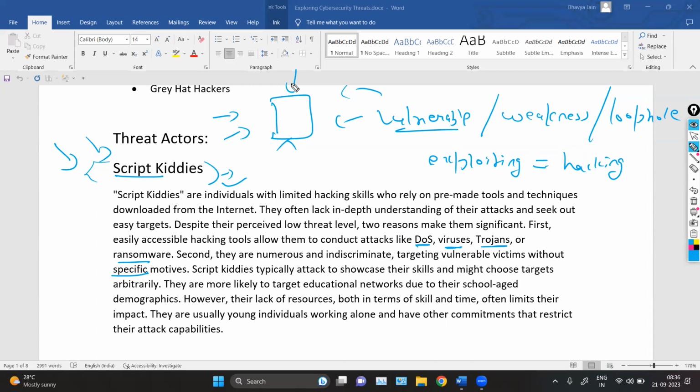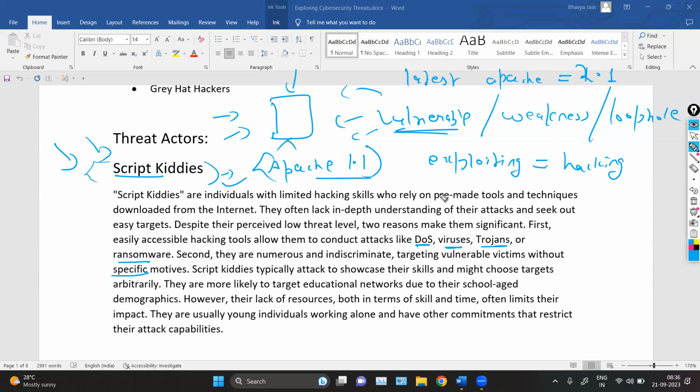There's a term here, vulnerable. For example, let's say there's a server and your server is running the service Apache, let's say 1.1. Now the service running on your server is Apache 1.1. And let's say you have found that the latest version of Apache in the market is Apache 2.1.